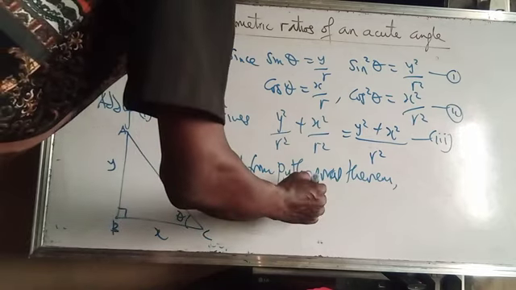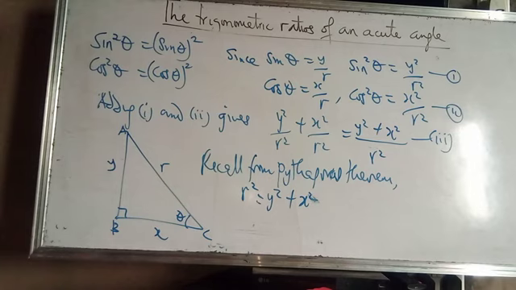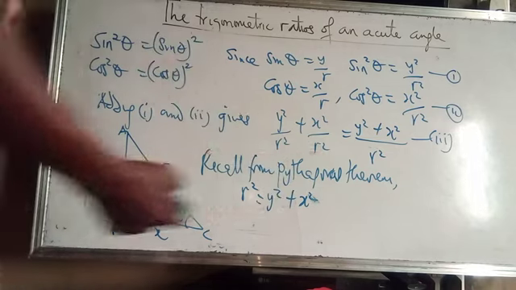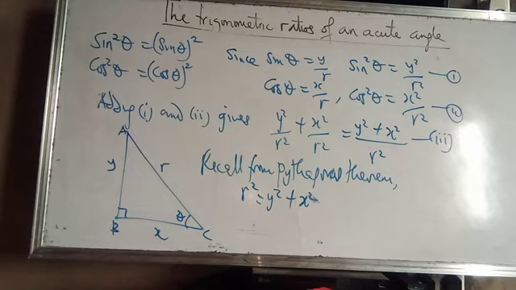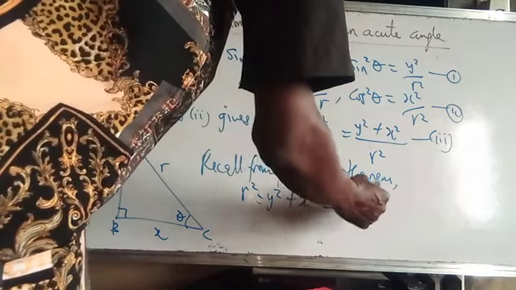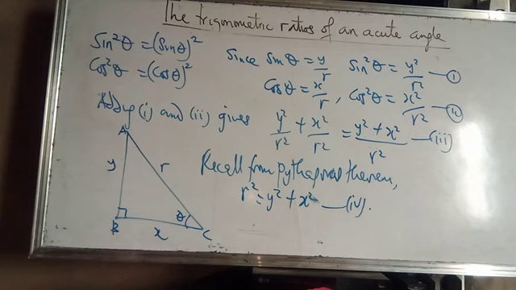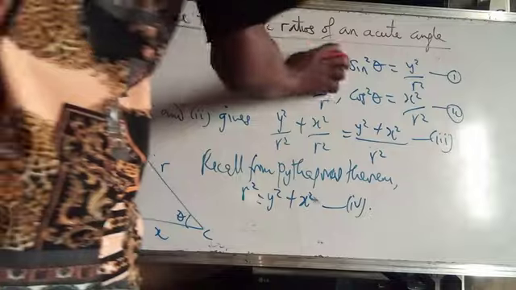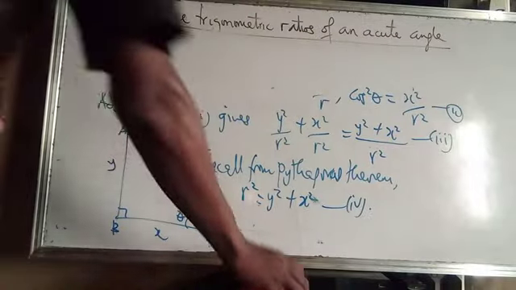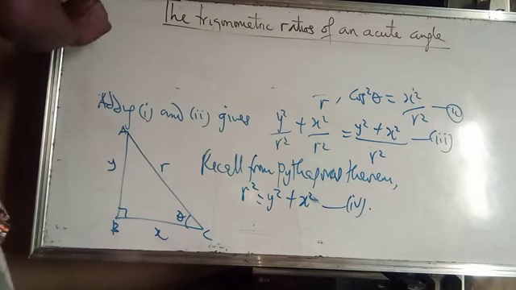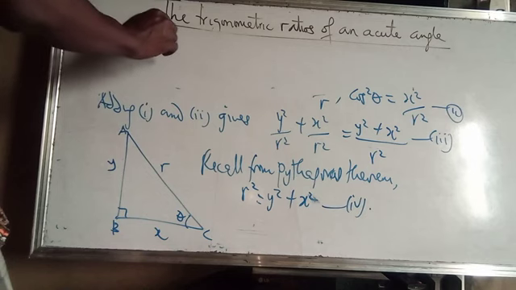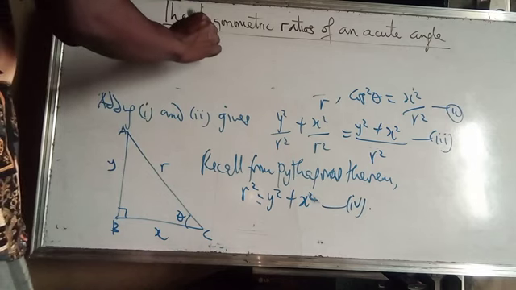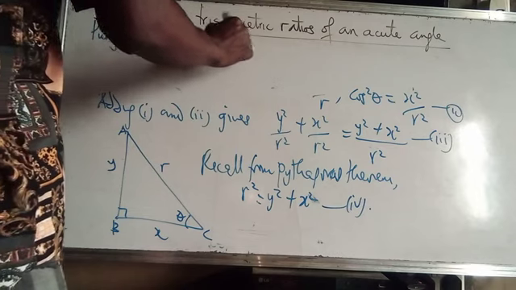So you can see clearly here that r squared is the same thing as y squared plus x squared. Let me call this one equation 4. Now if we put equation 4 into equation 3, what will it give us?